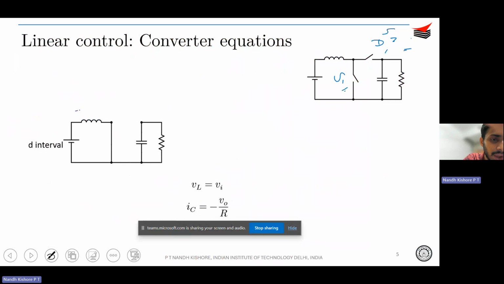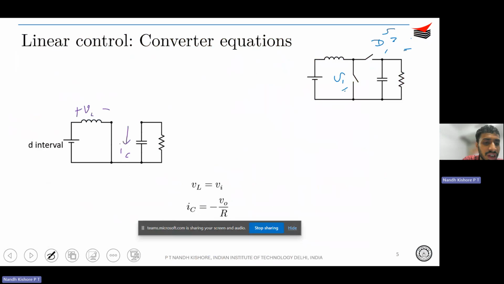This is my convention over here, and let's say this is my conventional direction of capacitor current. So you have your VL and IC is something like this, right?